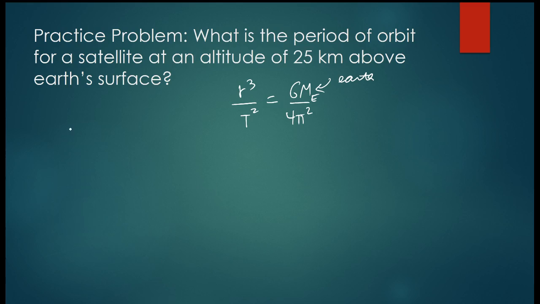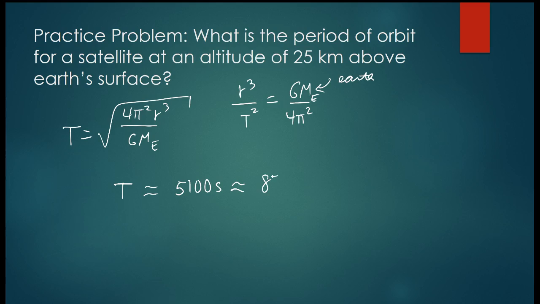So we can rearrange this for the period, with a little bit of algebra: T squared is 4 pi squared r cubed over G mass of Earth. And that's going to give us a time of about 5,100 seconds, which is about 85 minutes. So for low flying orbits, and 25 kilometers would be pretty low, it only takes about an hour and a half for something to go around the Earth, which is kind of crazy because that's really fast.